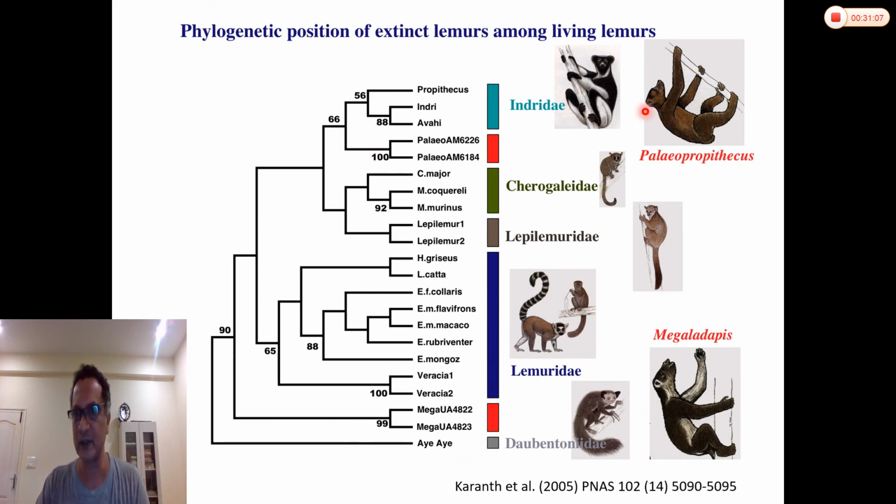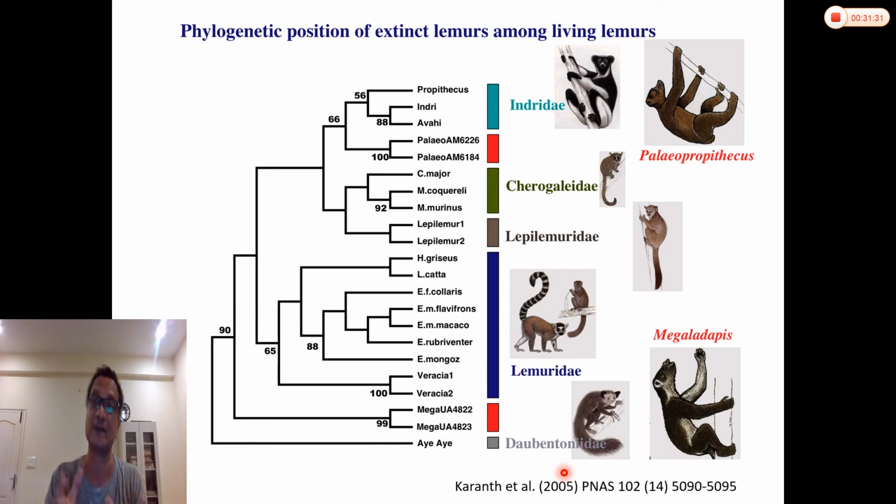So in this radiation, you have all kinds of species. Some of them are arboreal, some of them are terrestrial, some of them have amazing adaptations to fish out grubs from within the bark of a tree.